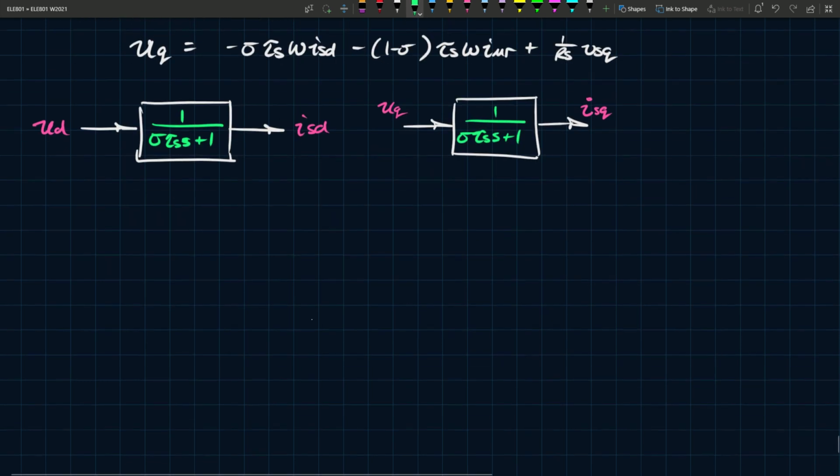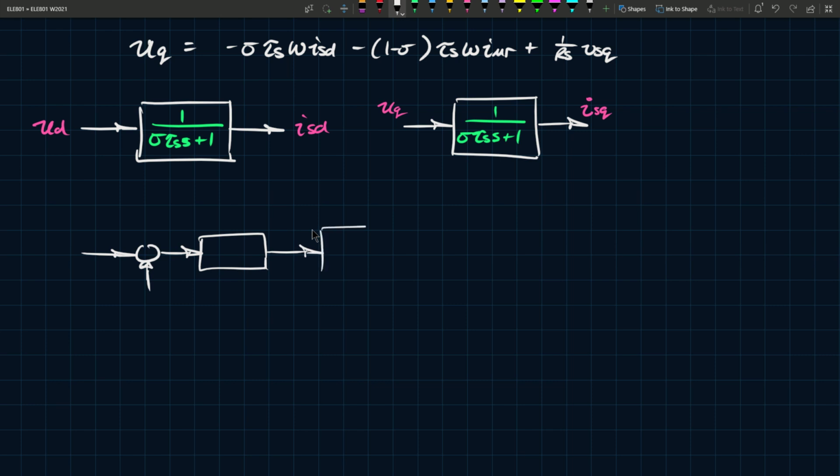So if you want to regulate these, then you can make your control loops look something like this. You have a signal coming in, feedback goes to a compensator. This is your compensator, this is the output of the compensator, and this is the plant.